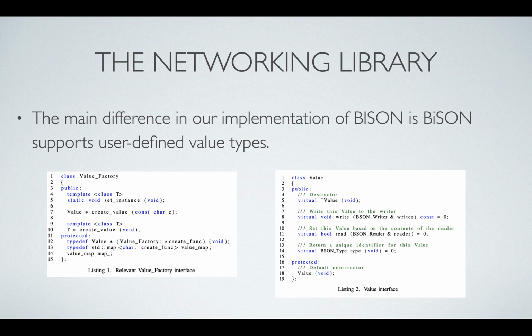Once they implement this factory and this actual value, they'll be able to add their custom value to the BISON so that we can serialize and deserialize that instrumentation value they want to instrument. Again, this is only if they need a custom type that's not supported by the built-in types that come with binary JSON.